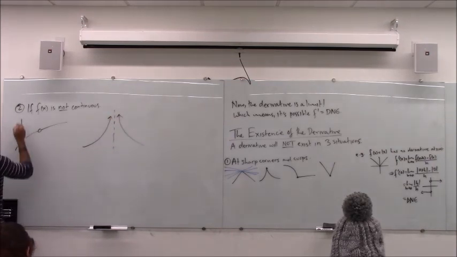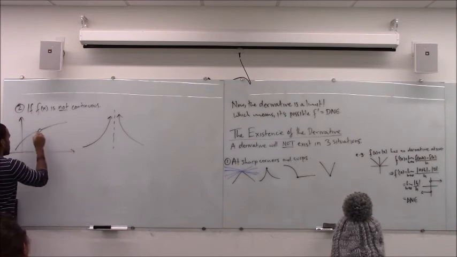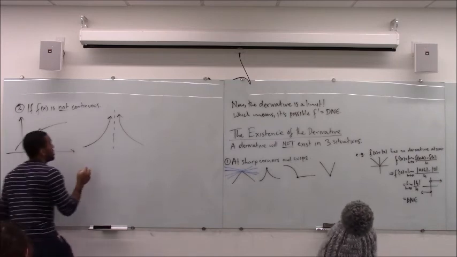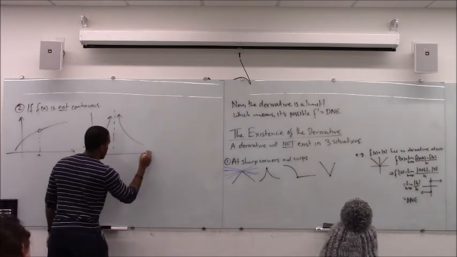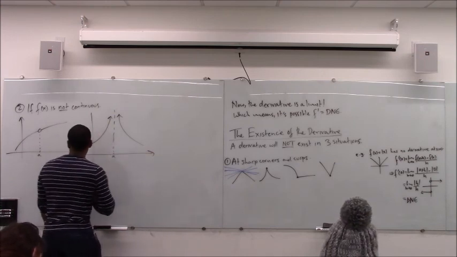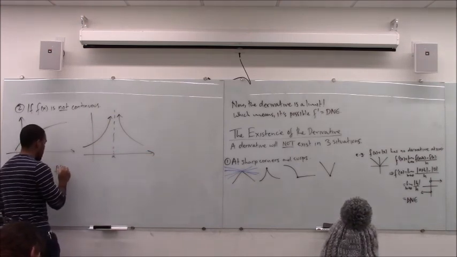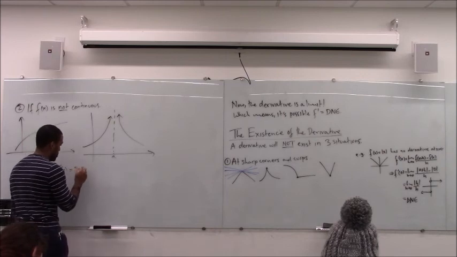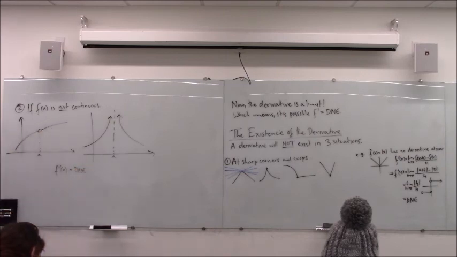So let's say this is at A. Then f prime of A does not exist. It's undefined here, right? It's a hole. Or if you zoom in, it's just going to be a gap.